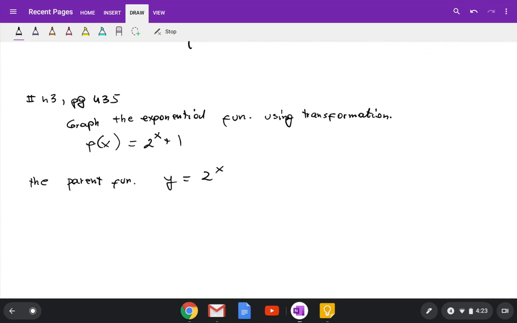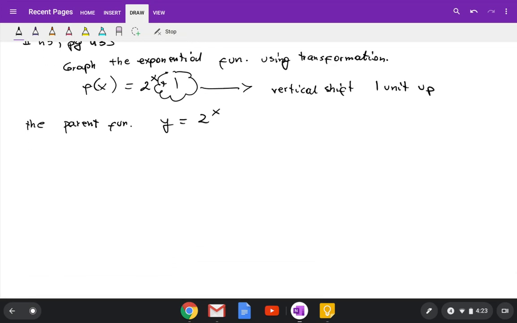You should graph the parent function first and then recognize that you have that plus 1, which means you have a vertical shift 1 unit up. So you will move everything 1 unit up.